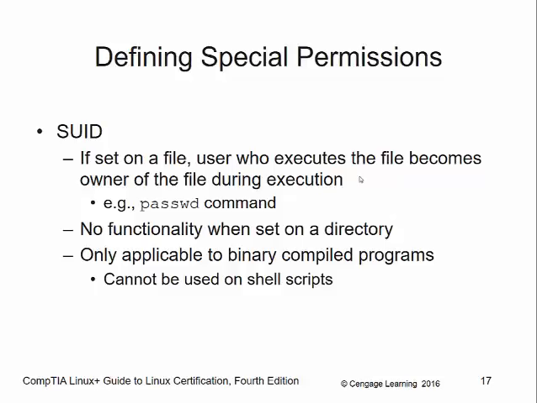Maybe the user Bob doesn't have the necessary permissions for that program to do what it needs to. Well, if I set UID on that program, set UID root, then Bob runs it, but this time when the program runs, it runs under the context of root. It has root's permissions. When the program finishes executing, then those elevated permissions just go away.